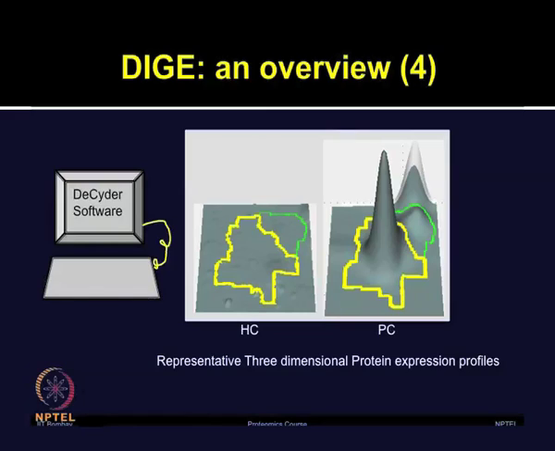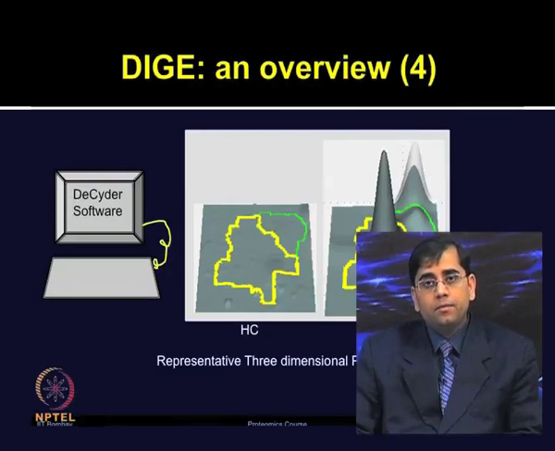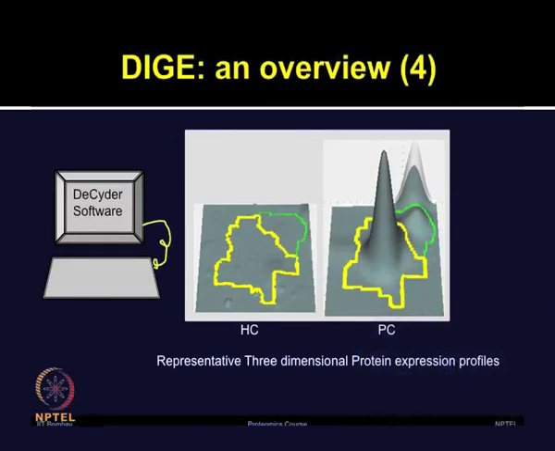Once you have run these gels, from the same gel 3 images can be obtained of your control and the treatment, and these can be analyzed with different software such as DeCyder software, and then by looking at 3-dimensional views and the statistical data, these proteins can be considered as interesting for further investigation.